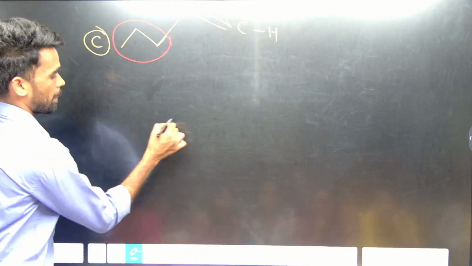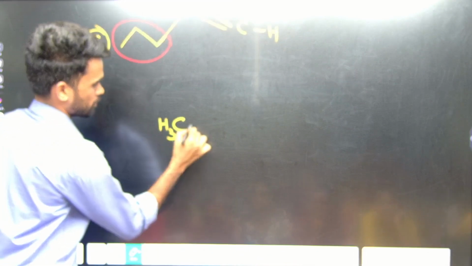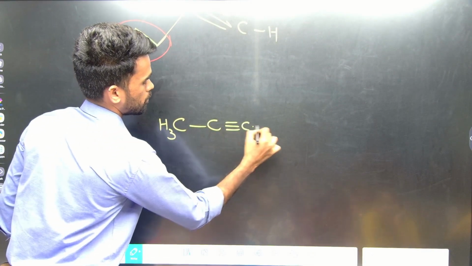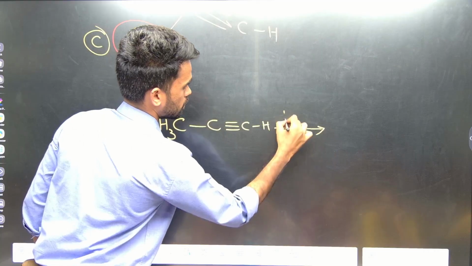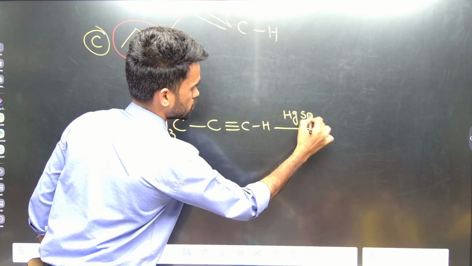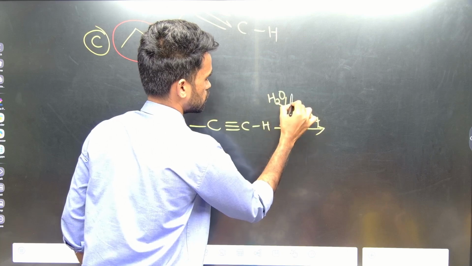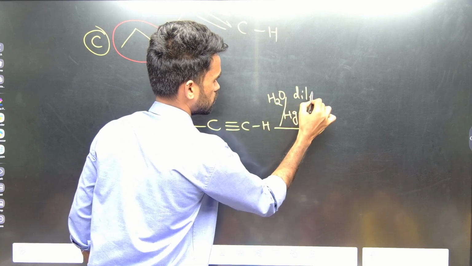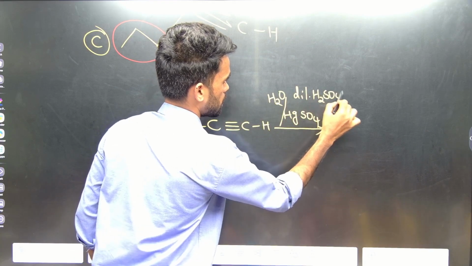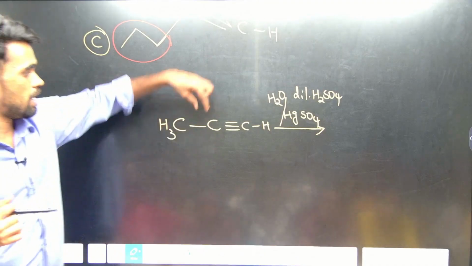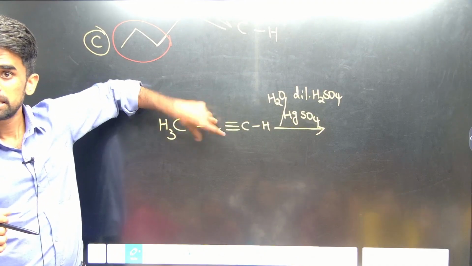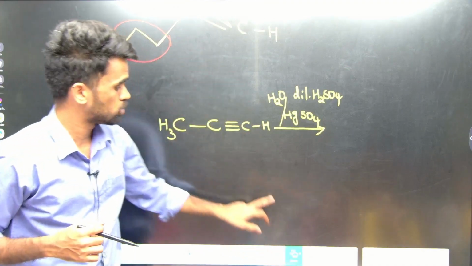Next one. See, they will give it like this. An alkyne is provided. Again, an important reaction for both EAPCET and NEET.